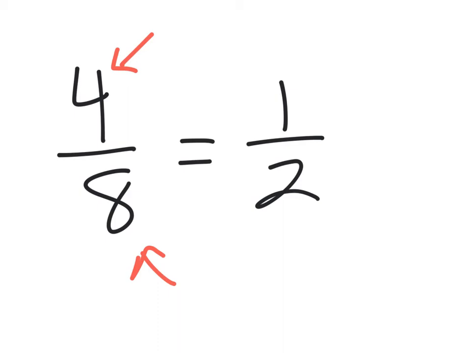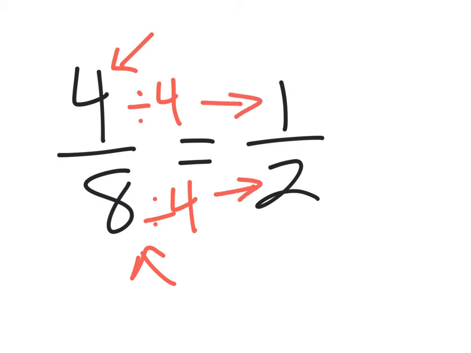And in 4/8, I went down to my lowest possible option by automatically saying, yes, I know that both 4 and 8 are multiples of 4, so in my head I divided both the numerator and the denominator by 4, and that gave us 1 at the top and 2 at the bottom.